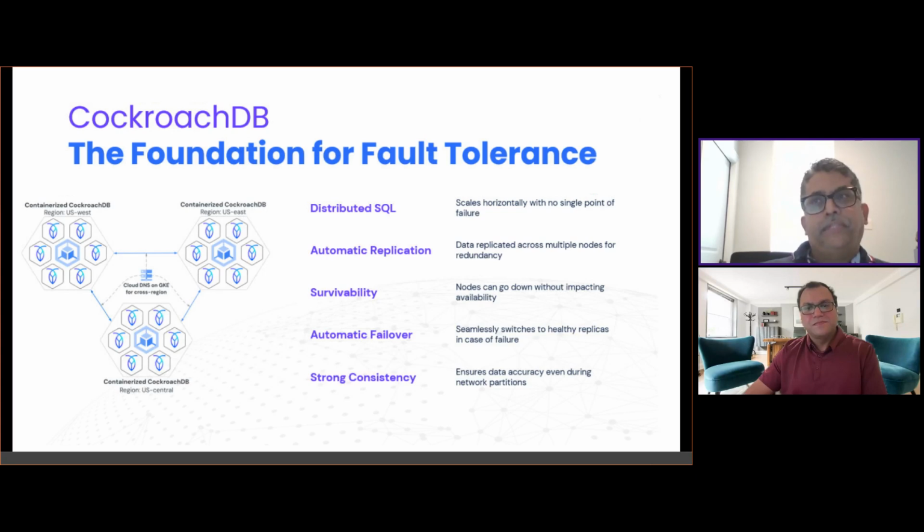Here are some of the key strategies. Move existing applications with minimal configuration by leveraging CockroachDB's compatibility with PostgreSQL syntax and SQL features. Decompose monolithic applications into microservices with a CockroachDB backend to promote agile development, faster development, and greater modularity.